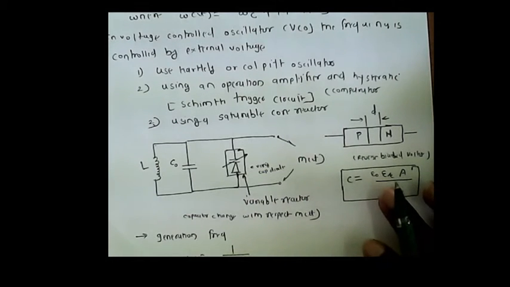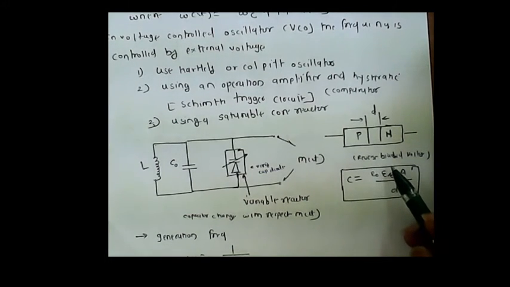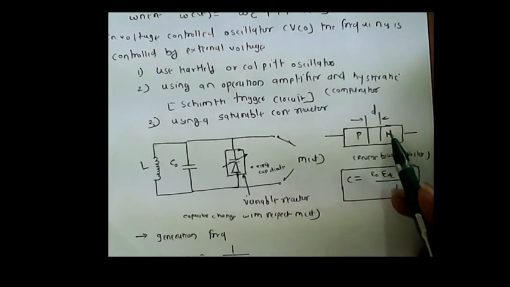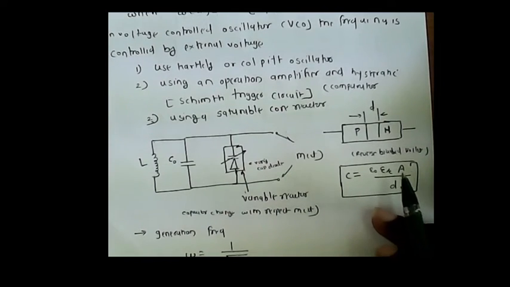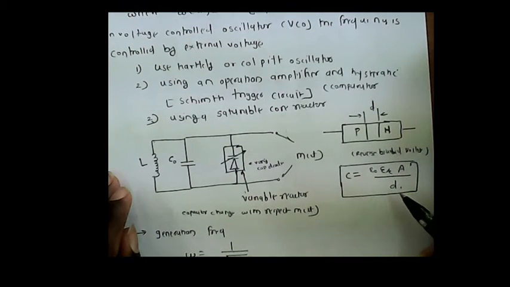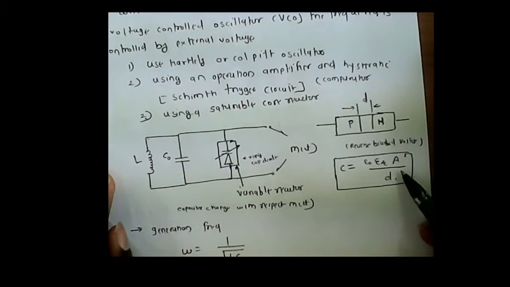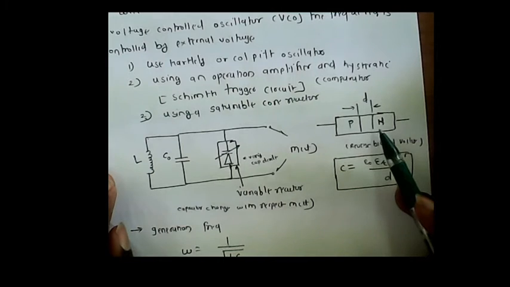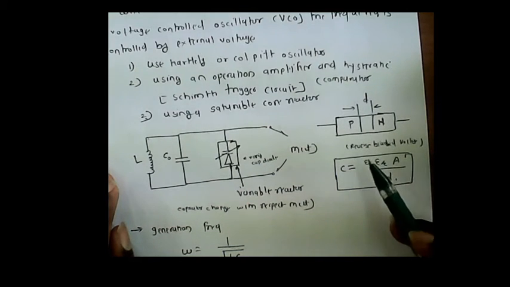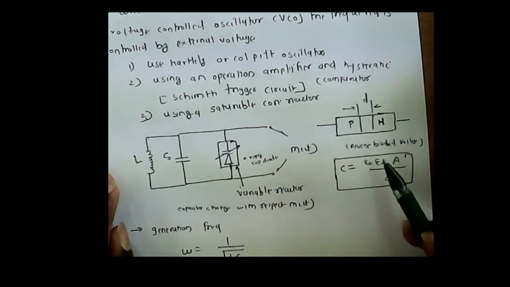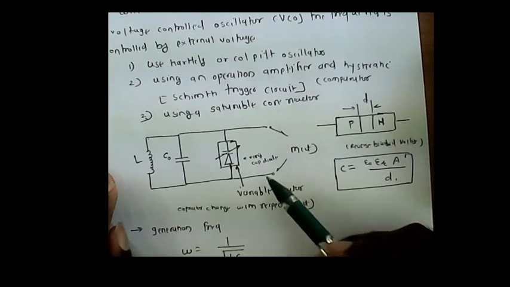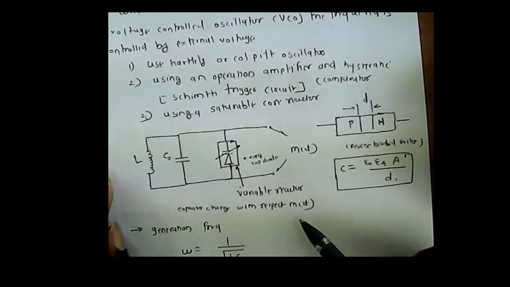When we apply a reverse bias voltage, the distance between these two layers increases, and we know the capacitance in terms of distance and area is C equal to epsilon0 epsilon_r A divided by D. So when the depletion region between the two layers is wide, the capacitance will be less; if the distance is small, the capacitance will be more. So this capacitance changes with respect to the modulating signal.